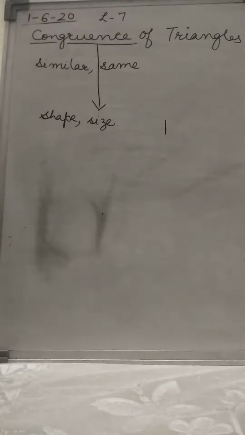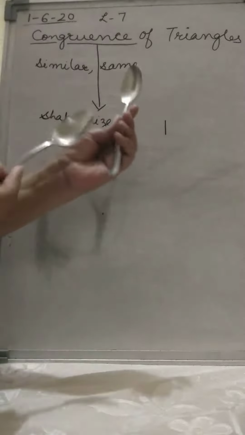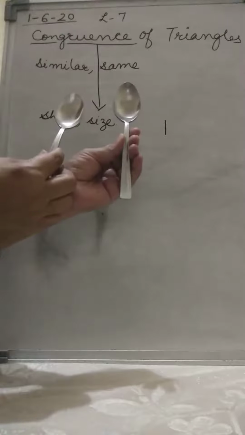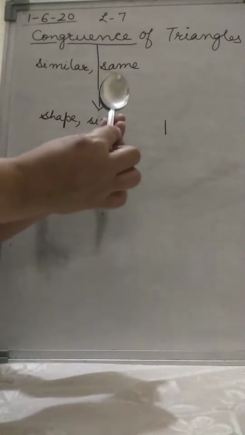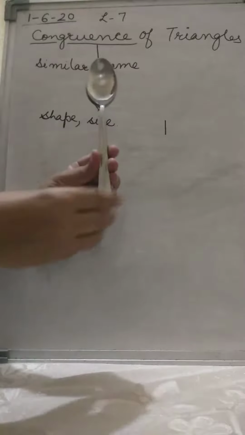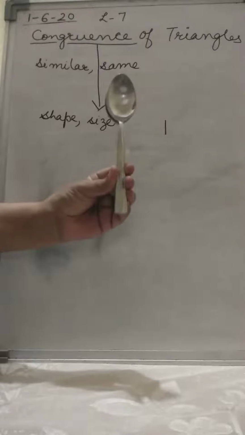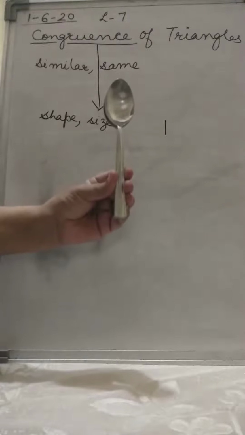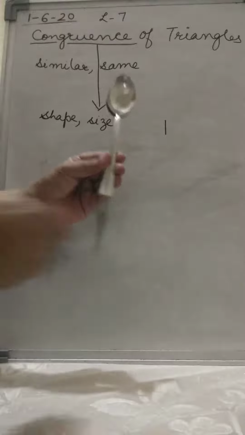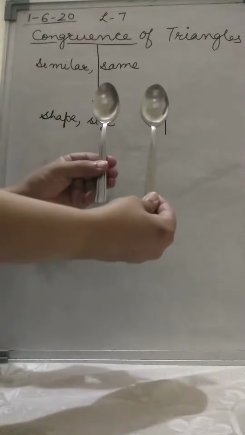Now I give you an example. These are two spoons. They are congruent to each other because when I keep them above one another, they look like just one spoon. So these two are congruent to each other.